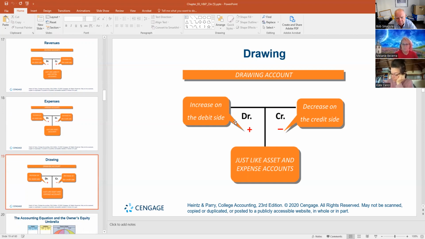We just put this into the curriculum to show you how, in a small business, an owner can come out and draw money from his company. This is an equity account, but it has a debit balance. Drawings are increased with a debit, and in so doing, it reduces equity, which has a normal credit balance. Equity is the master, and below that is the net income and the drawing.